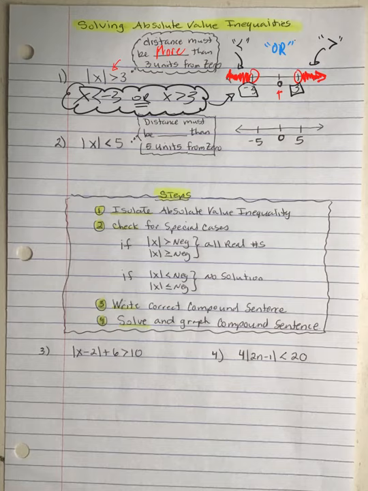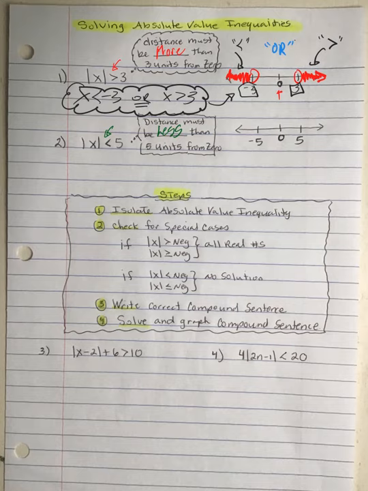Number 2 says the absolute value is less than 5. So we have to be less than 5 units from 0. So if I say you better be less than 5 units from 0, you're going to get into trouble. Where do you think you have to stand?